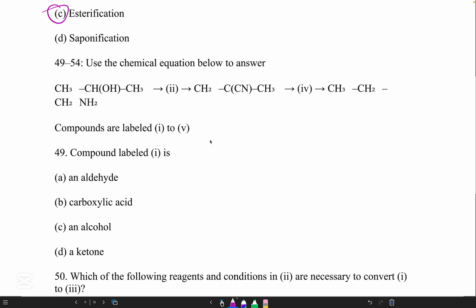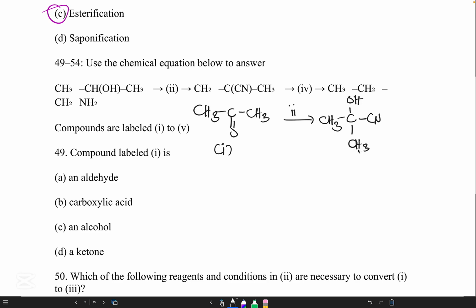Now, the equation that was given to you is something like this. Listen, pay attention. CH3, then we'll have C double bond O, CH3. This is I. Then pass it through to give us CH3, C, OH, CN, CH3.